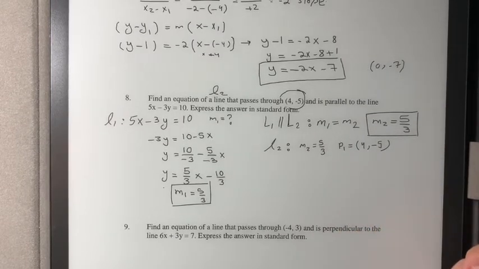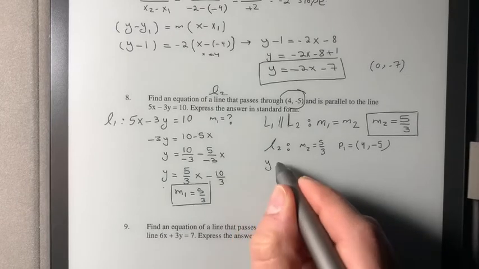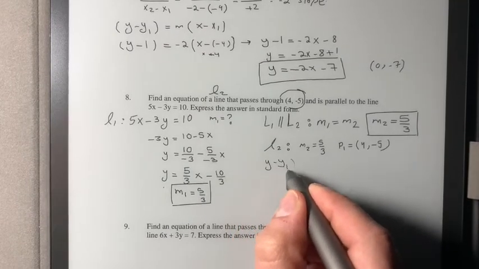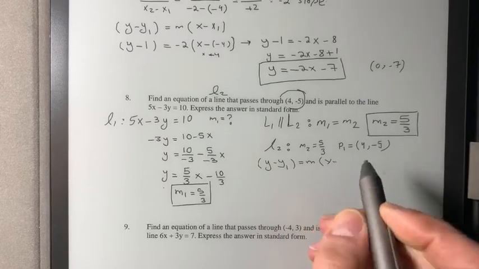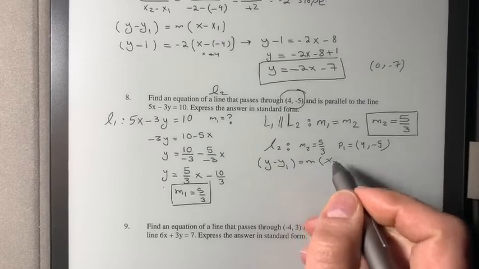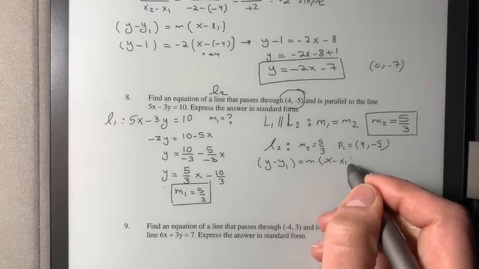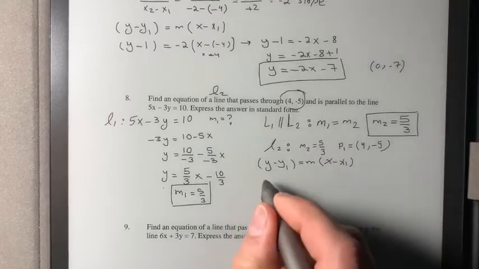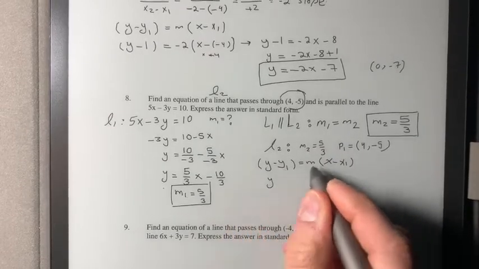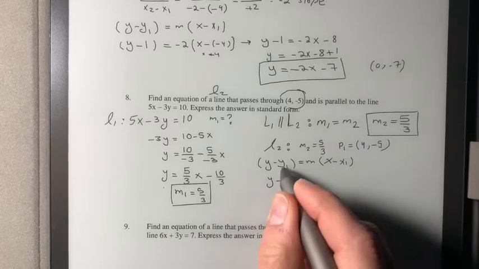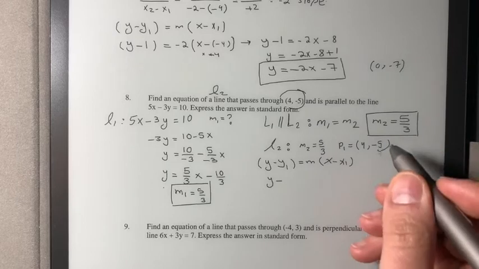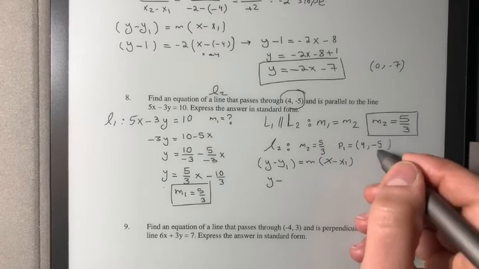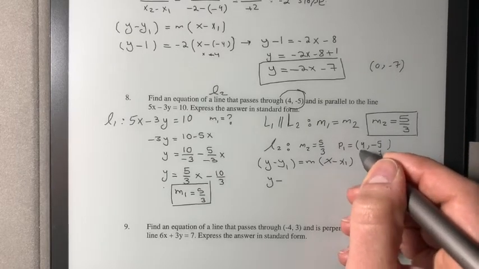So I should be able to use the point-slope formula to write an equation for line 2. This is the point-slope formula: y minus y1, where the point here is y1, and this point here is x1.